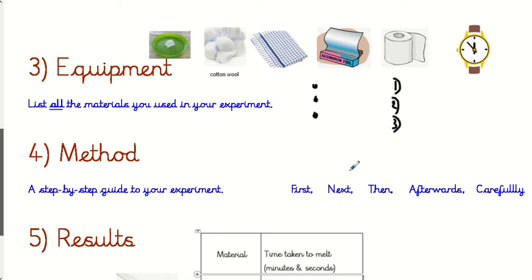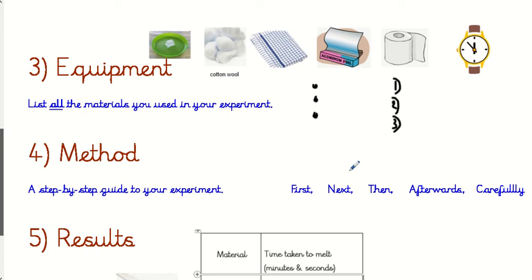So step 4 of your scientific report is the method. This is a step-by-step guide to your experiment so that a different scientist could carry it out after you. Again, you may decide to draw pictures and give a step-by-step guide.